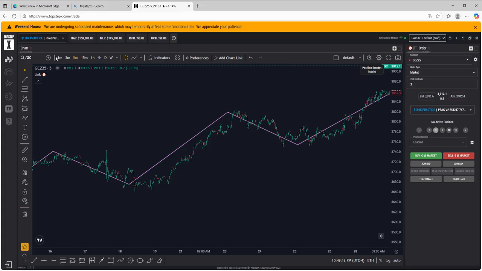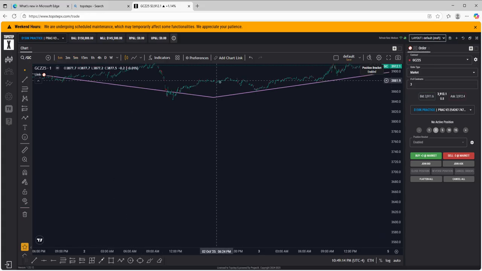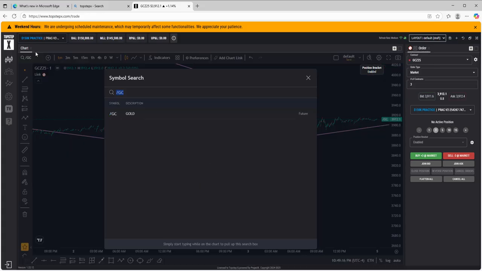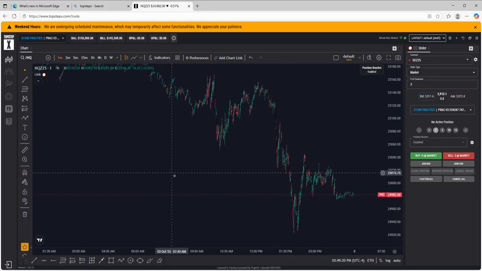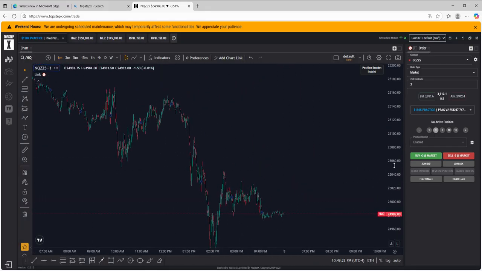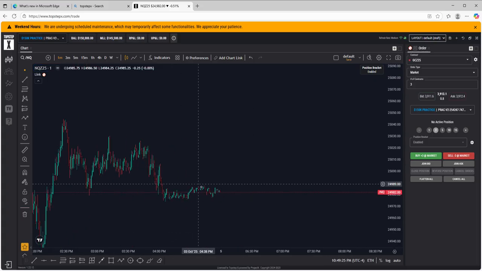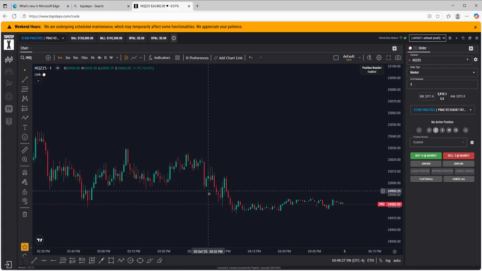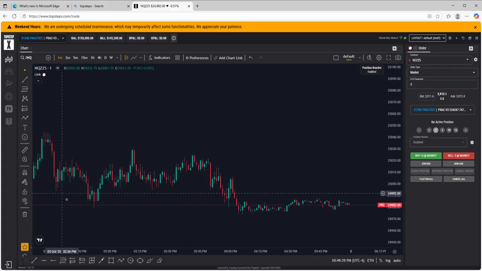This is all clear. Let's see. Boom, perfect right here. If you can see in this area, we're not getting clear push-ups or clear push downs.